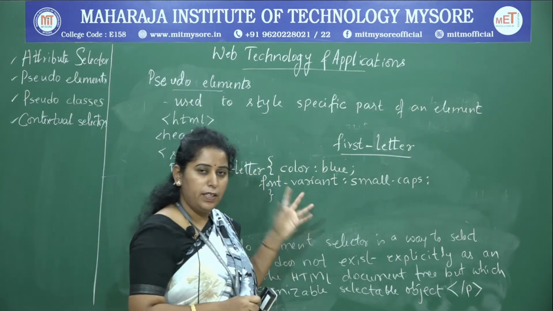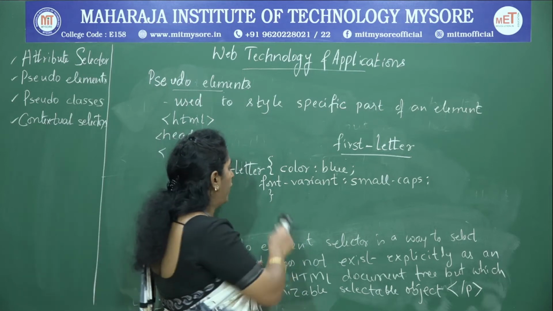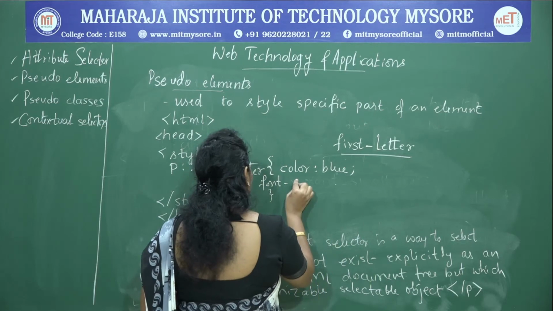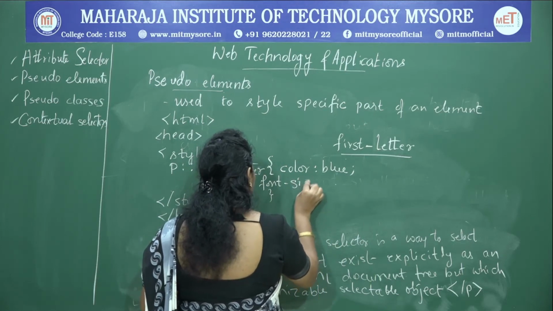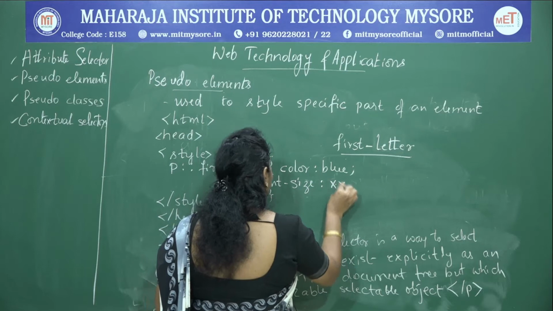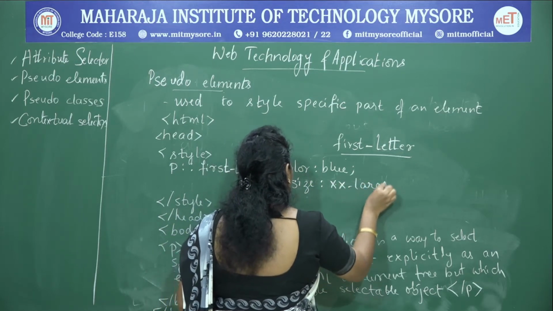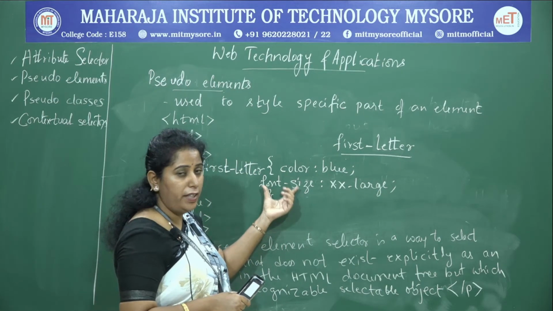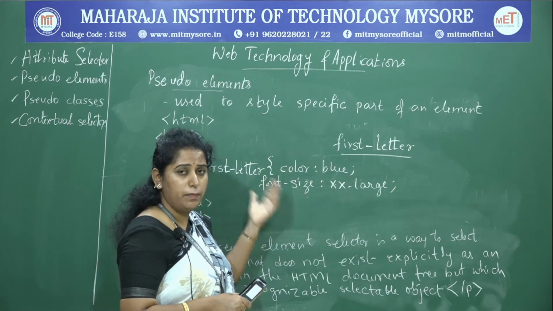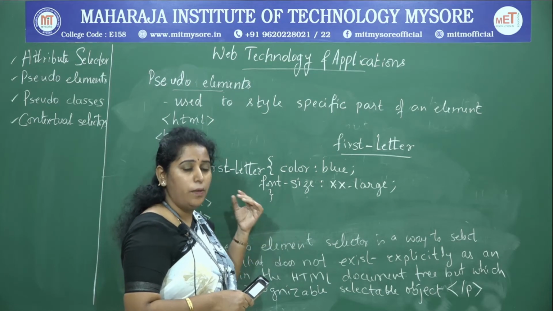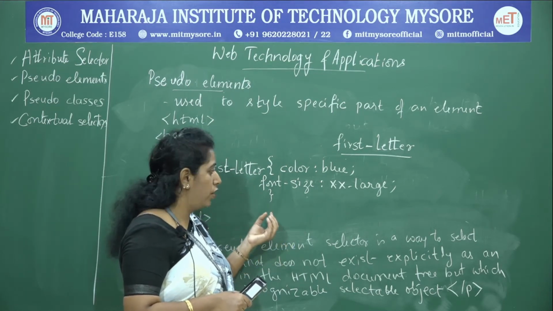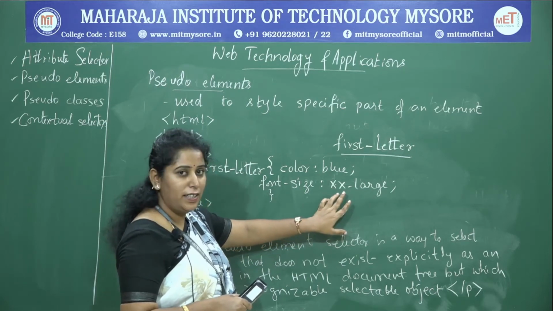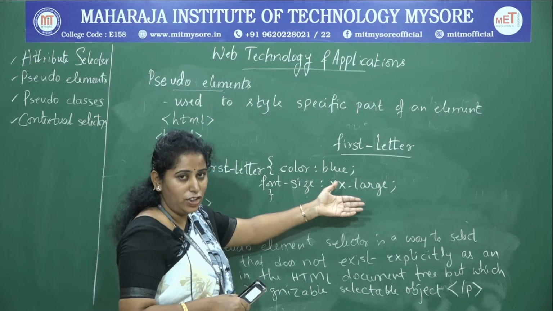Let the property remain the same, or I can change it like this, font-size. I will give it like this. For font size, I was giving values in points, centimeters or px, right? The units of measure were different. This time I am using it like this, which indicates that you are giving extra large.